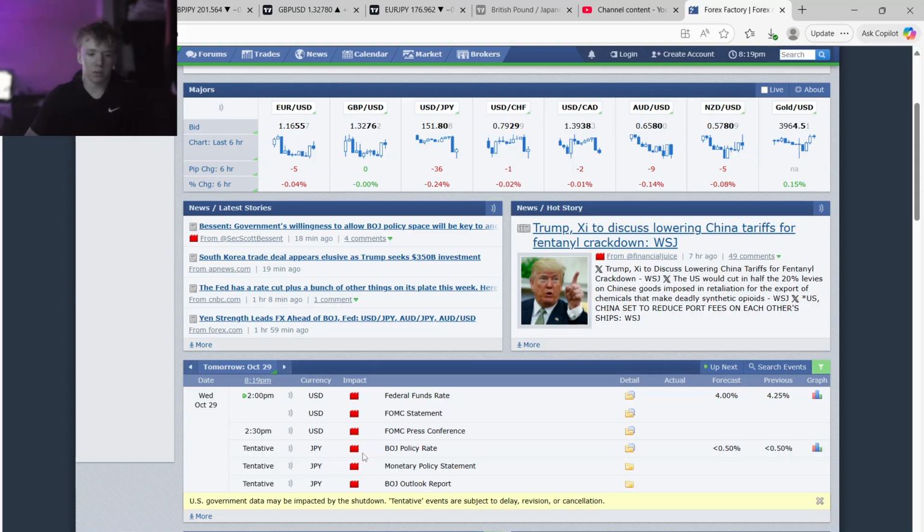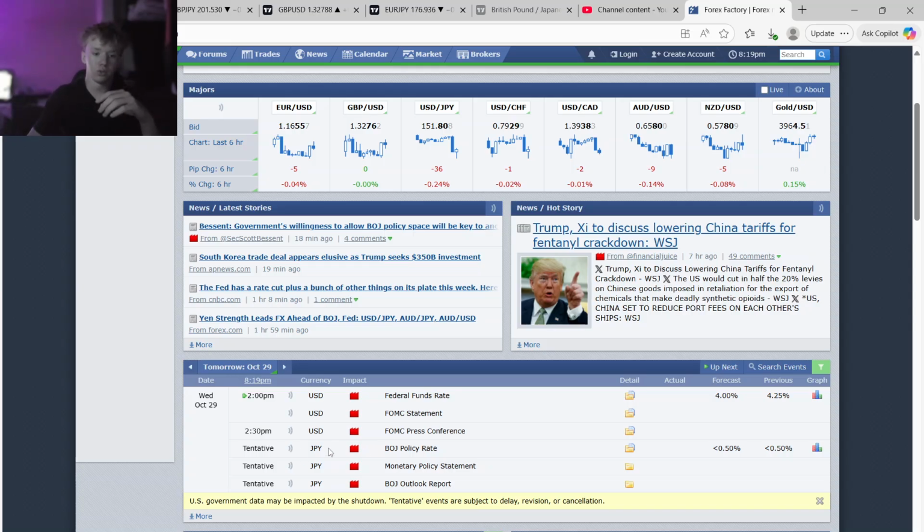typically, so with GBP JPY for example, if news is good for your top pair, so if news is good for GBP, the pair is going to be inclined to go up. If news is bad for GBP, it's going to be inclined to go down. And then the bottom quote, which is JPY, if this news comes out good, GBP JPY will probably go down.